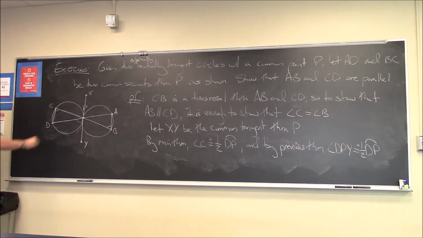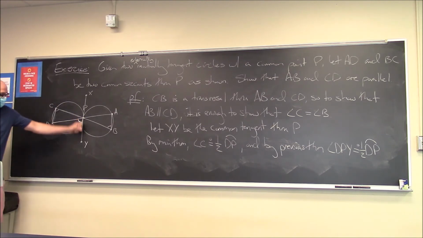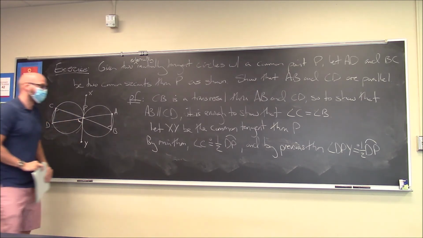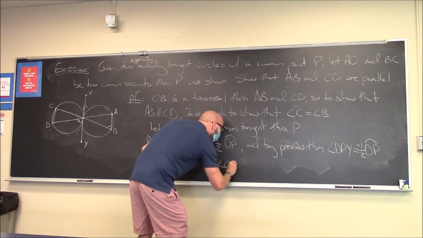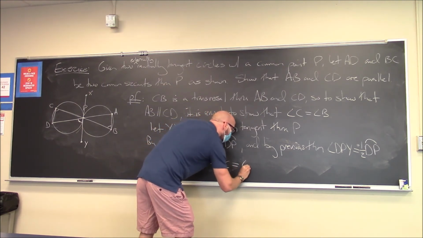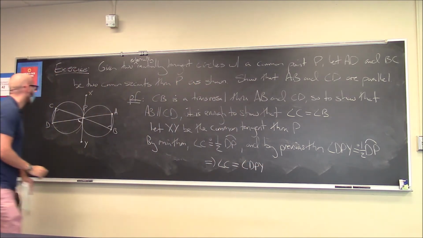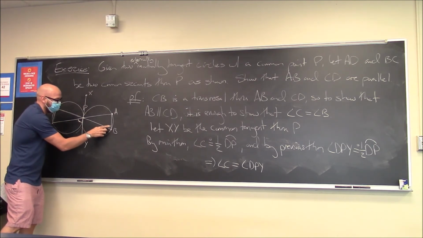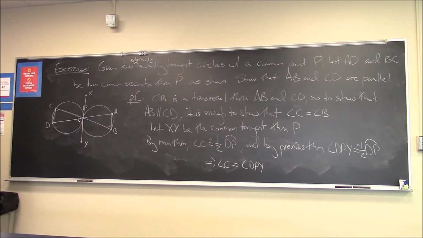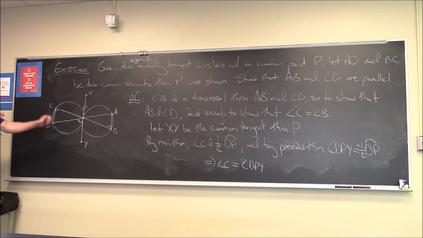So what does that mean? That means these two angles are equal to each other. Angle C and angle DPY are the same, because they're both 1/2 of DP. So this means angle C is equal to angle DPY. Well, what you can do now is repeat the argument.